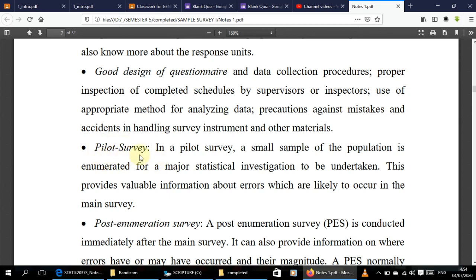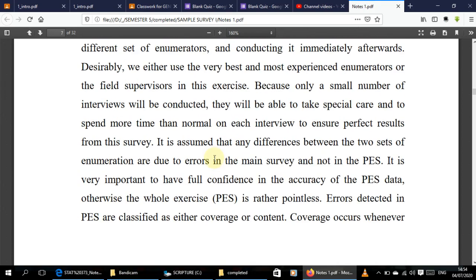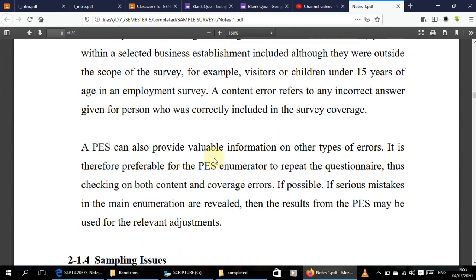Okay, that is a pilot survey. And then post enumeration survey: when you are done with the main survey, you want to do another survey to check out the potholes and fill the potholes. Okay, that is the post enumeration survey. So all of these can be done to reduce the error that happens as a result of non-sampling techniques.